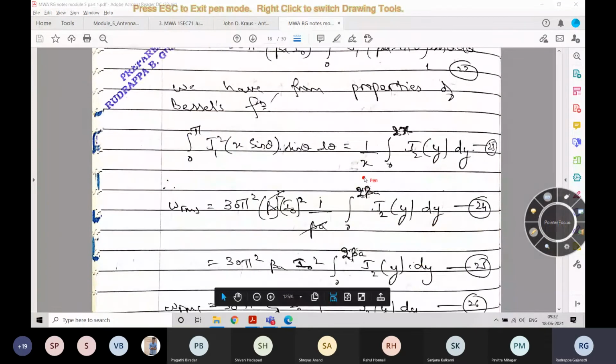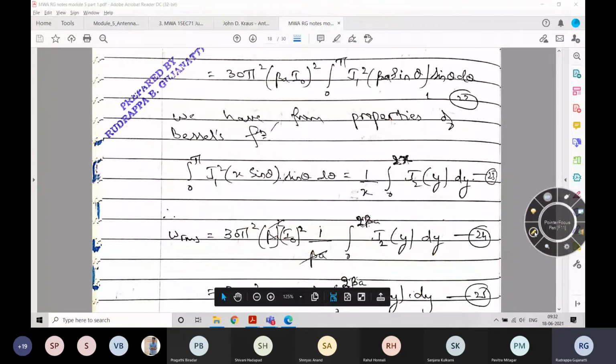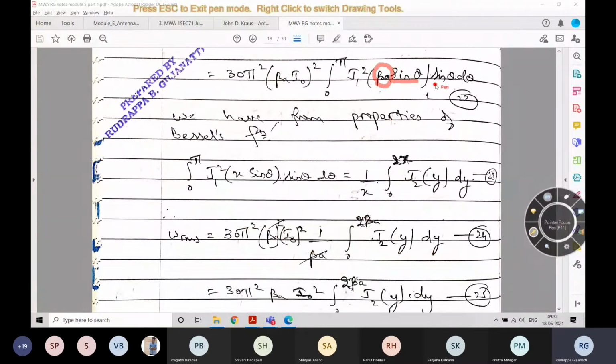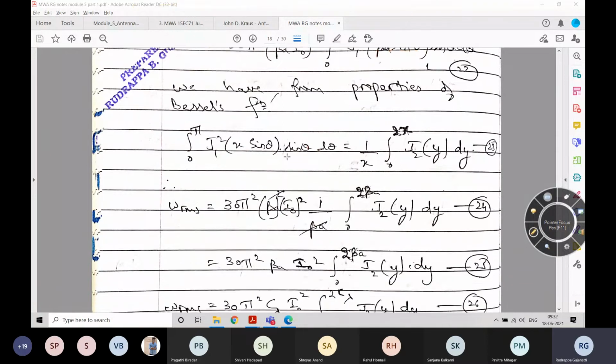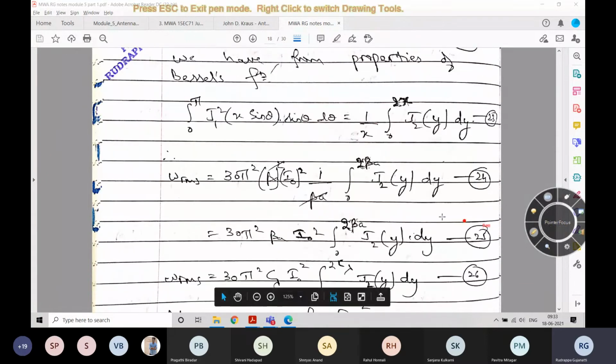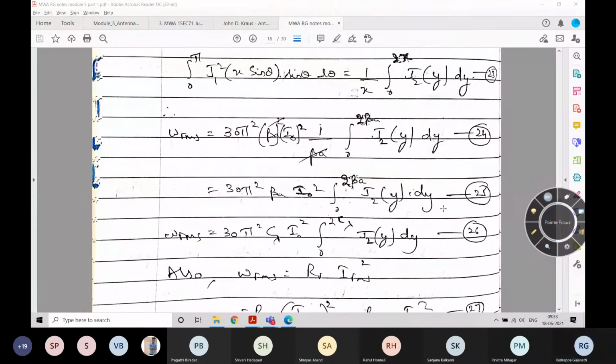So when we apply that concept, we can observe here that beta a is x sine theta into sine theta d theta. When we apply this, we end up with this parameter in the simplified form.